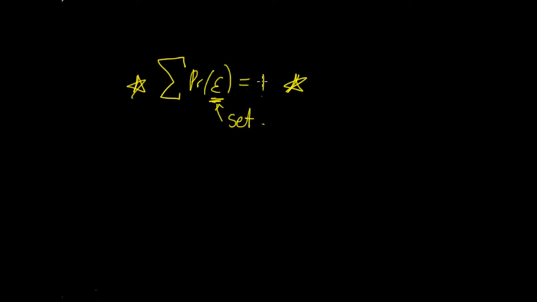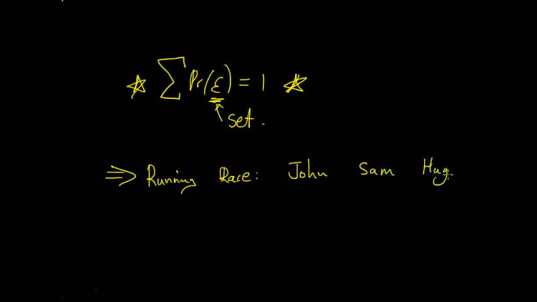Now, this makes sense, but you have to be able to apply it to different scenarios. So, we'll use an example. You have a running race, and there are 3 people in this race: John, Sam, and Hugo.